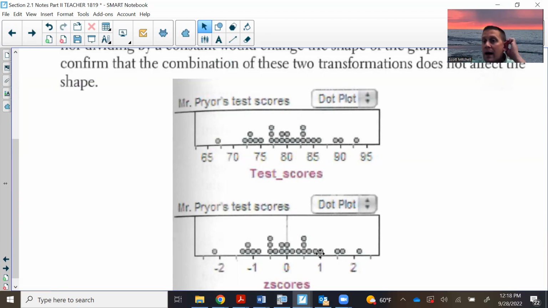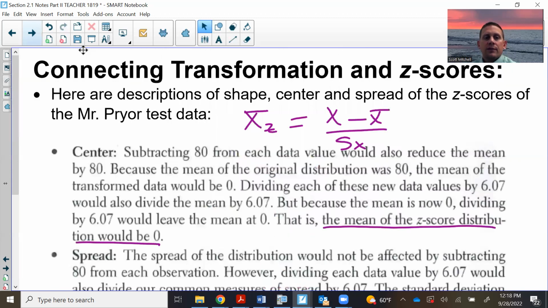Is it good or bad? How far is it from there? You could see all the scores and see how they relate to each other. Sometimes we want to standardize things to know, is 9 pizzas a lot or is 9 pizzas a little? Is an 86 on the test good or is an 86 just okay? Again, it depends on what else is going on. It's relative to other things.